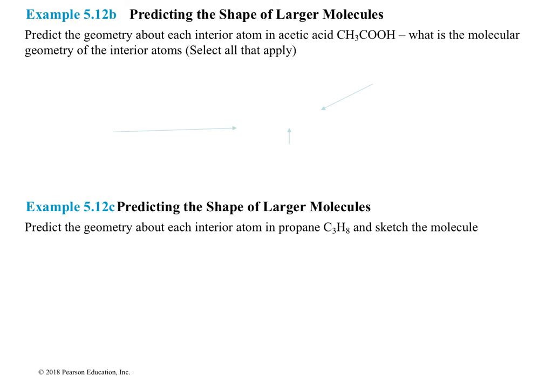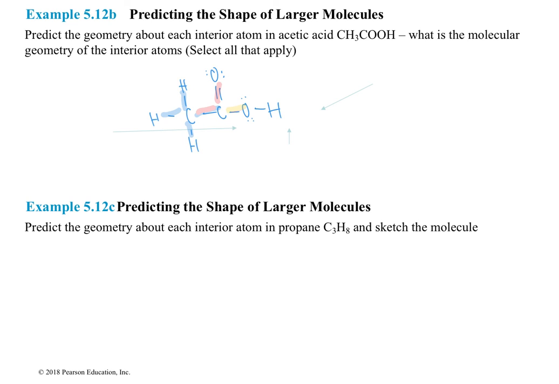Here we have, I'm just going to draw these ones. Acetic acid looks like this. Okay, so for this carbon, we have 1, 2, 3, 4, all atoms, so tetrahedral. For this one, we have 1, 2, 3, so trigonal planar, no lone pairs.